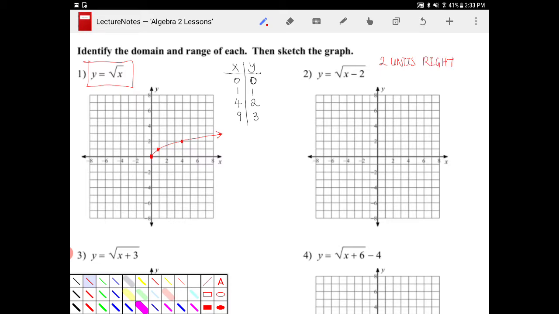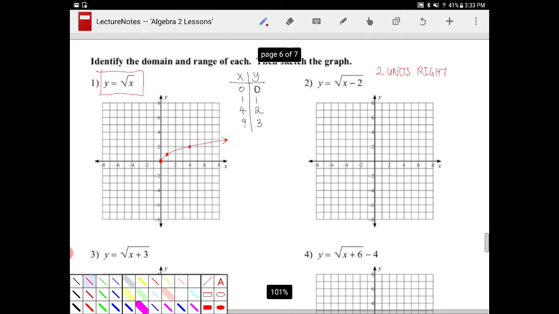Remember, when we are subtracting a number, remember how we write the quadratic equation in vertex form? Well, as it turns out, we can write square root functions in vertex form as well, and it's going to take on that form.